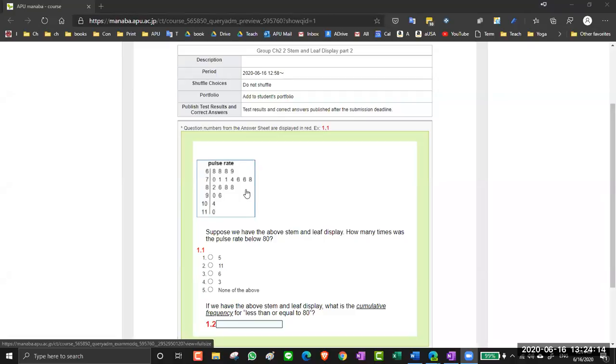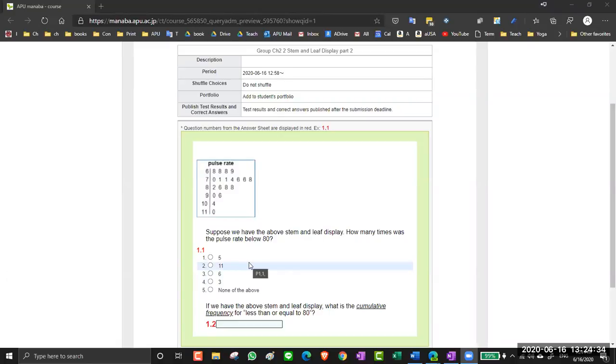And the next one is, if we have the above display, what is the cumulative frequency for less than or equal to 80? So it's the same answer as this one. It's 11. It's the same meaning as this one.